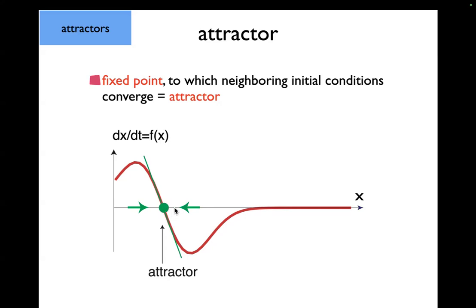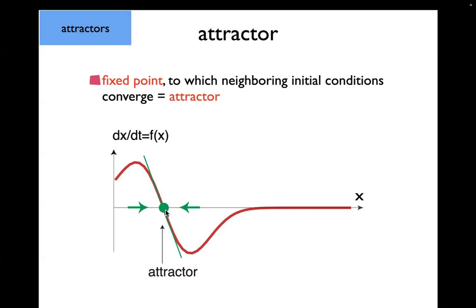The length of this vector and how quickly it moves to the left will become smaller and smaller as the rate of change becomes smaller, and ultimately I will approach that time invariant solution. And similarly, if I'm to the left, I have a positive rate of change, so it will grow, and I can approach this fixed point, ultimately getting stuck in that. And that's where the notion of attractor comes from.